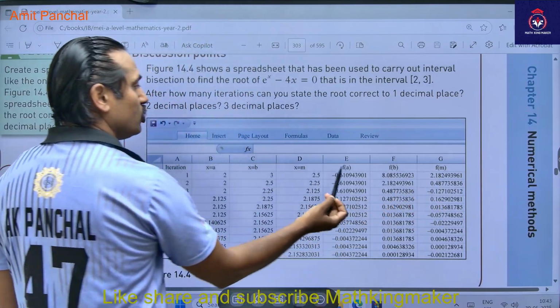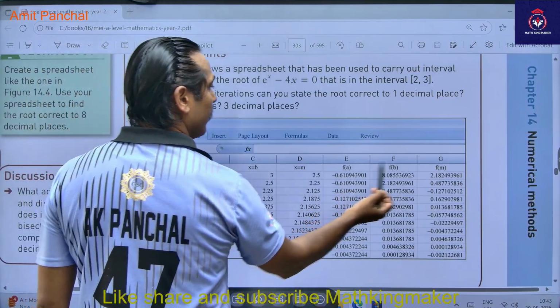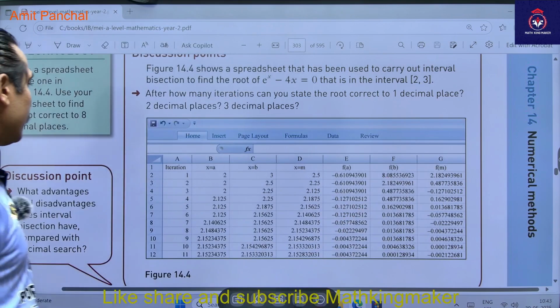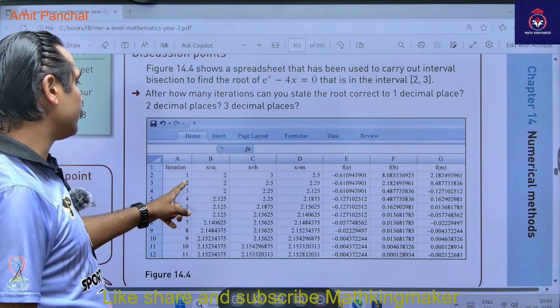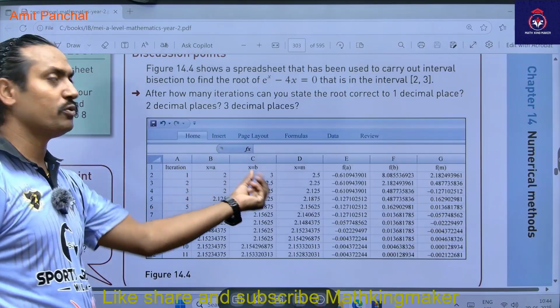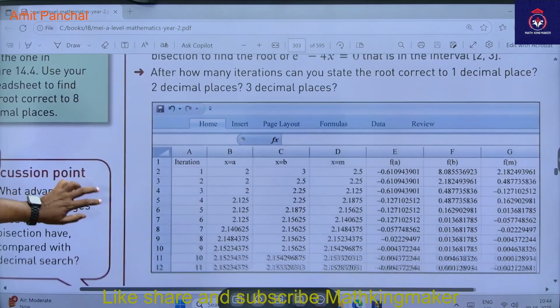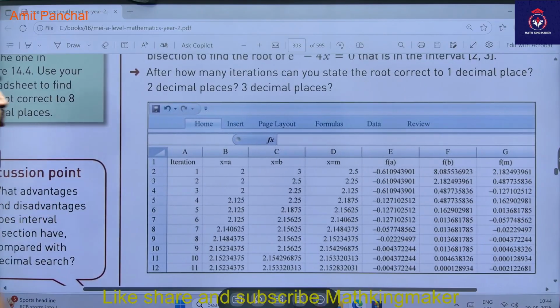That means your root is in between A and the midpoint, isn't it? Again, you take the second iteration. In the second iteration, you will see only 2 and 2.5, and the midpoint is 2.25.